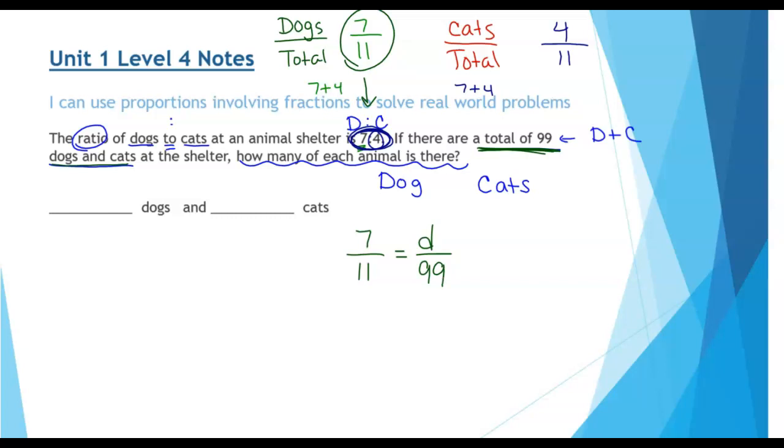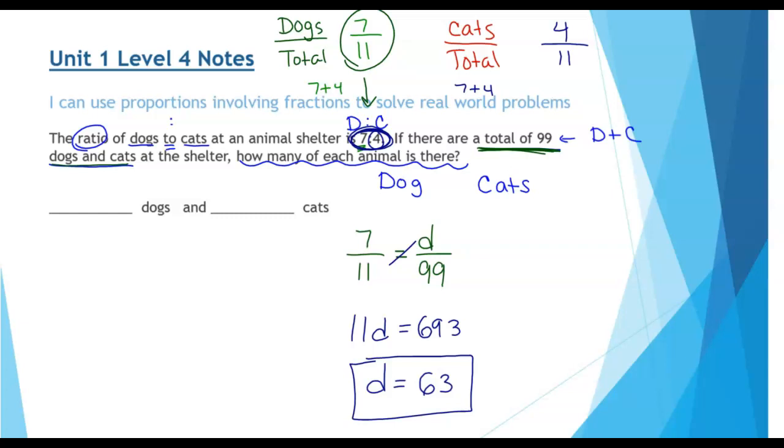Well, I can see right now that's going to be 63, but let's do the math and cross multiply. 7 times 99 is 693, and that's equal to 11 times the amount of dogs. We undo multiplication with division. When I divide by 11 to each side, 693 divided by 11 is 63 dogs. So I have 63 dogs.